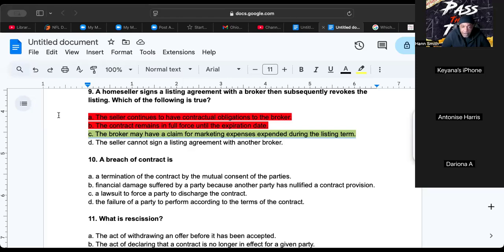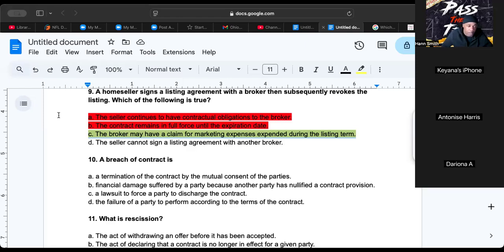If you don't put something like that in there, and that's probably something that you want to run by your broker to see what type of language they want you to put in the contract. But yeah, if you did that and the seller pulled it out and that was the agreement, then you could go after them for marketing expenses expended during the listing term.